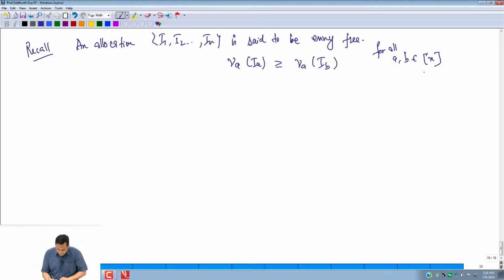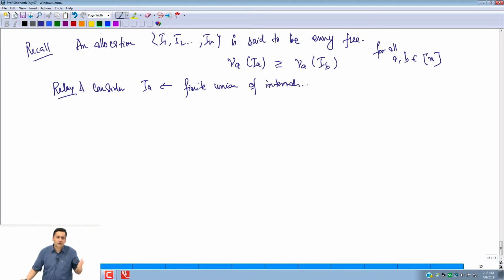So now though, let's relax it a bit. We actually got a very nice property with proportional fair divisions, that is everyone got a connected piece.